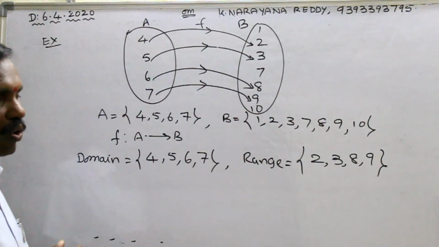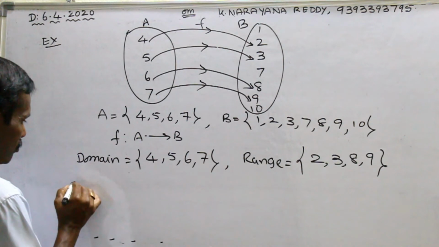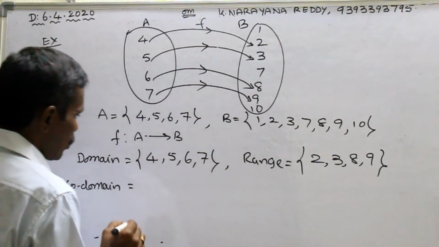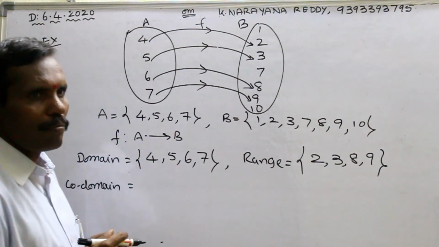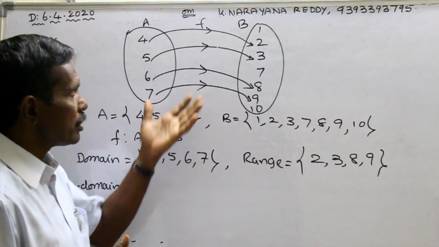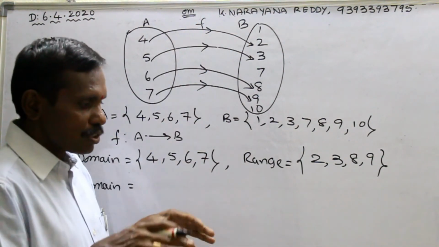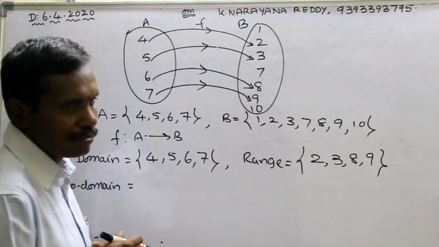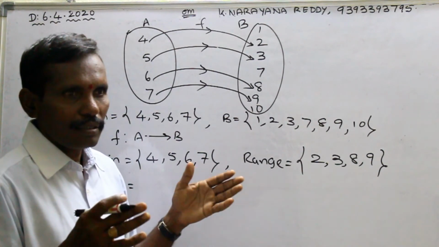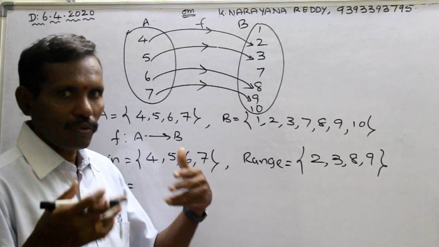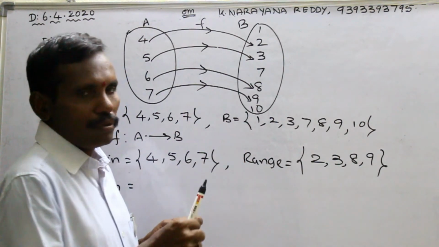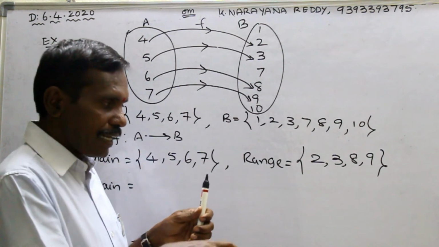Okay? Now codomain. What is codomain? Possible values. Whatever may be. There is a possibility for outcoming 1. Suppose some bag is there. In the bag 10 balls are there or 5 balls are there. Whatever it may be. Some colors are red, white, black, orange, pink, whatever it may be. But we can take any type of color by putting the hand in the bag.